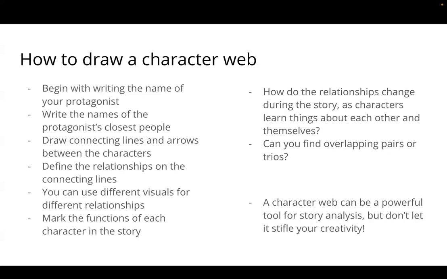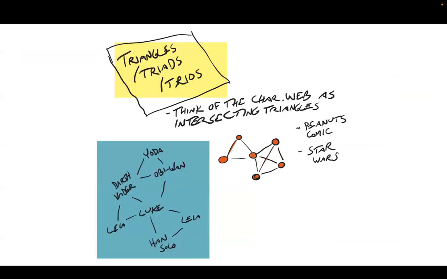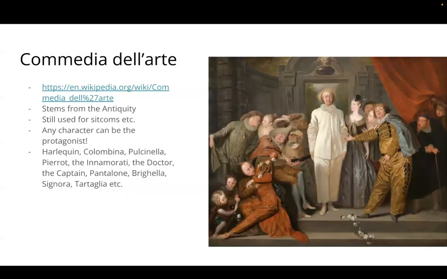Then before I go more into the character web, I want to show you one more tool that you could use. This is called Commedia dell'arte, but it was a style of theater or street theater actually.